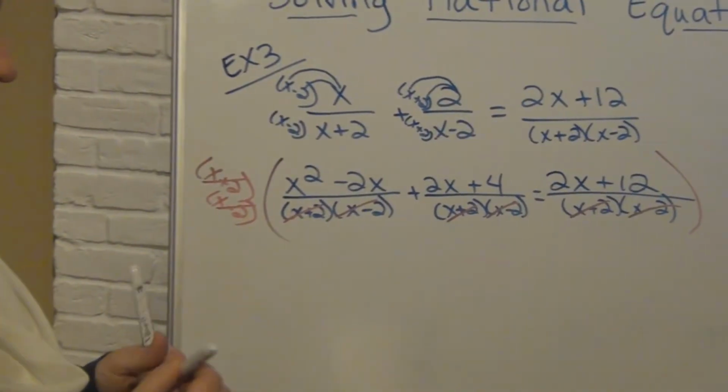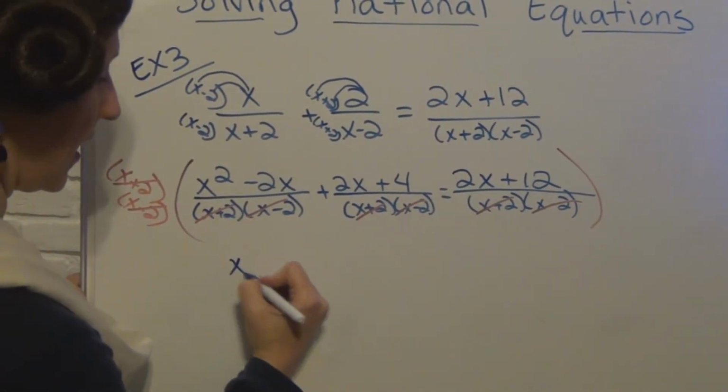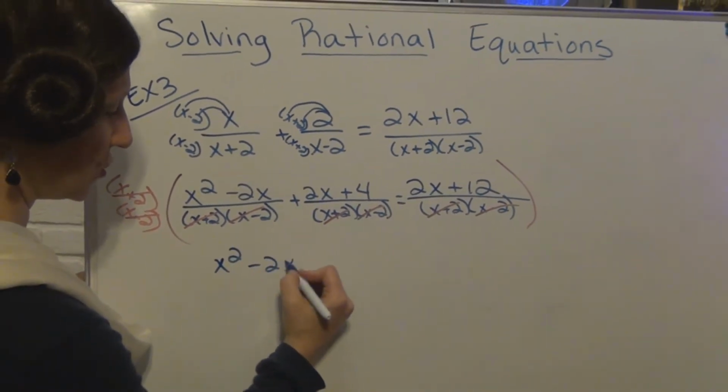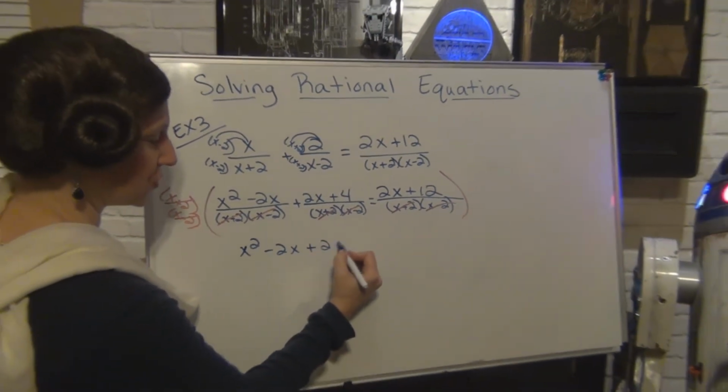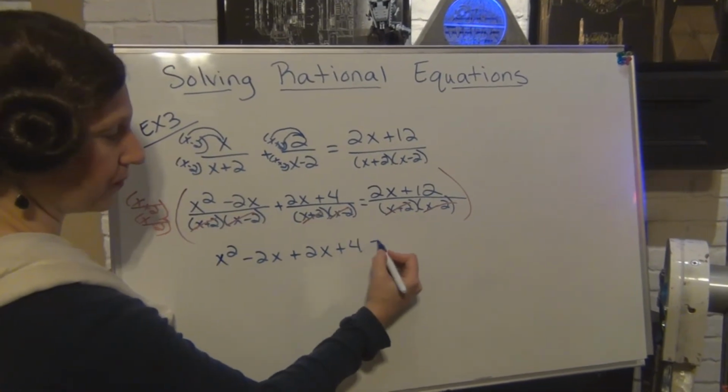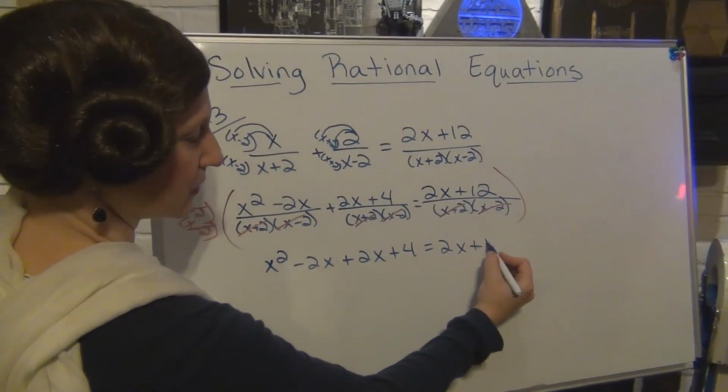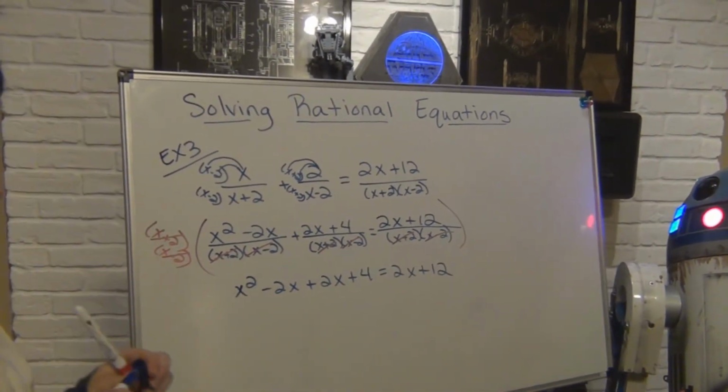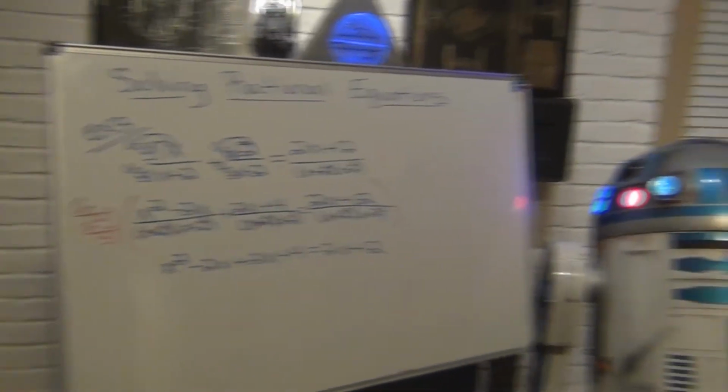So now I am left with x squared minus 2x plus 2x plus 4 equals 2x plus 12. So it's still a big mess, but we're getting closer.